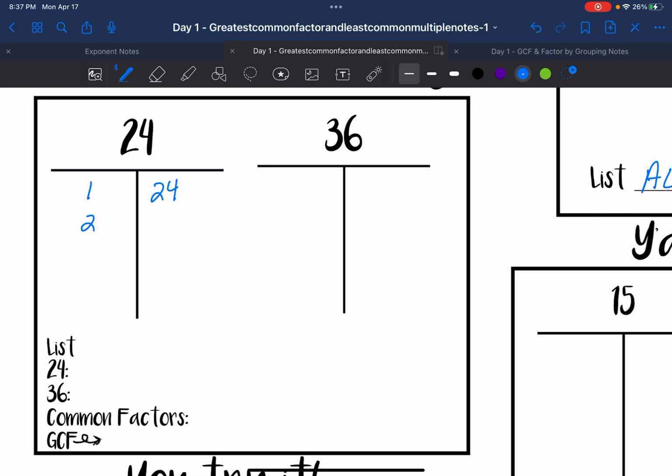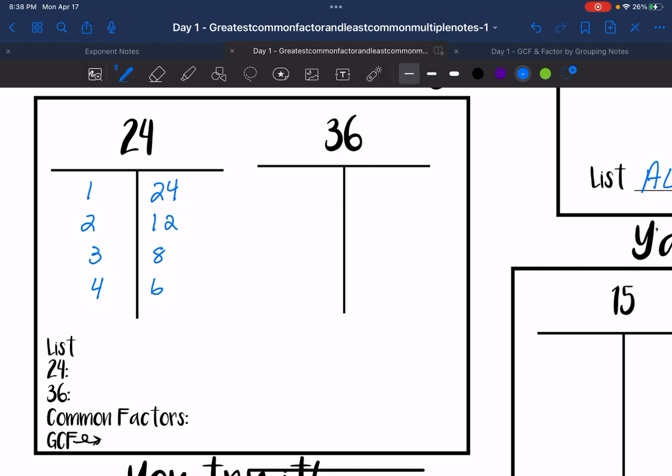If you plugged it in your calculator, 2 times 12 is 24. Let's look at the number 3. 3 times what number is 24? If you said 8, you're on the money. And there's one more: 4 times 6 is 24.